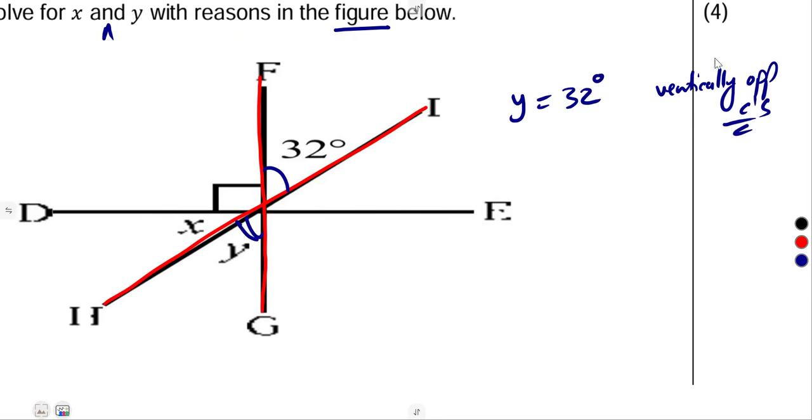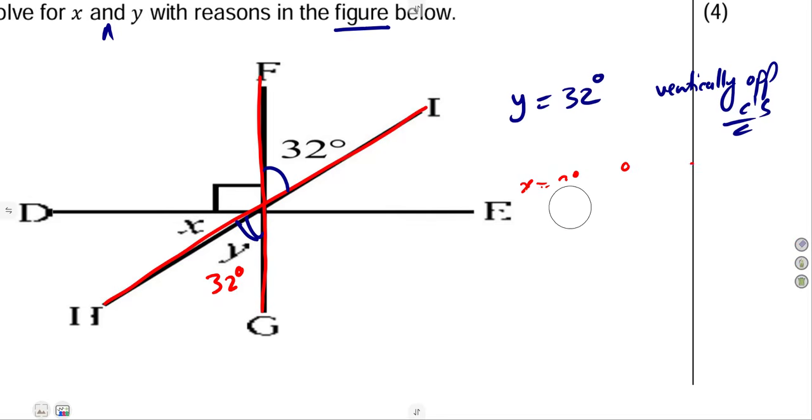Remember, they are equal. So if y is 32 degrees, we can find x using this one. It's 90 degrees, as we have angles on a straight line. So we can also find x by subtracting this 32 degrees from 90 degrees. Still, we're going to have the same x that we obtained before, which is 58 degrees.